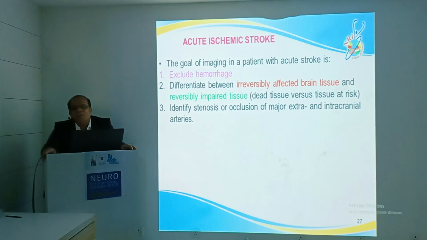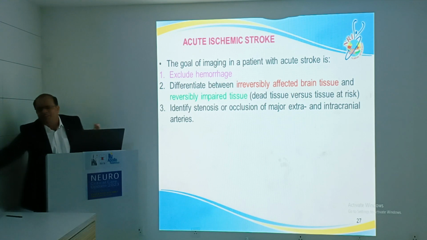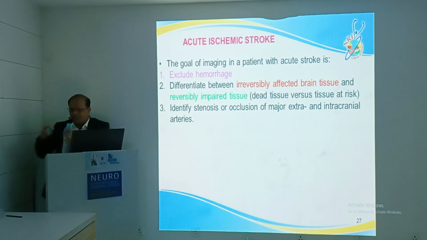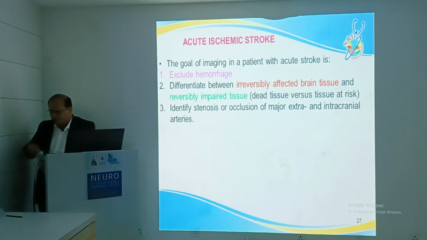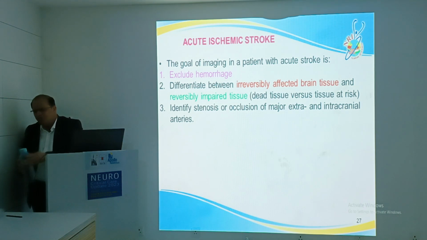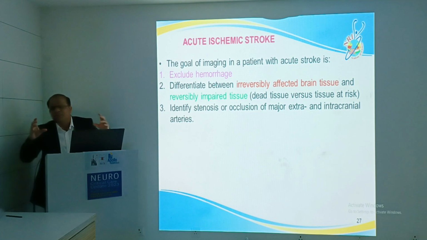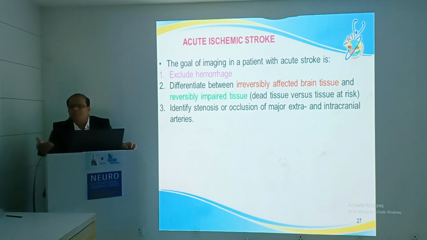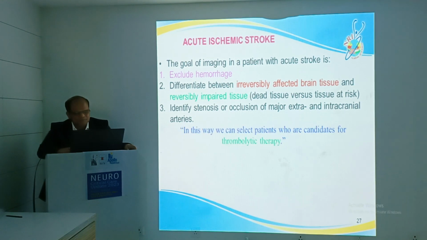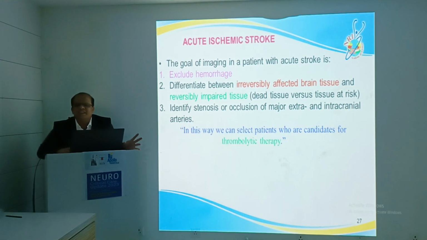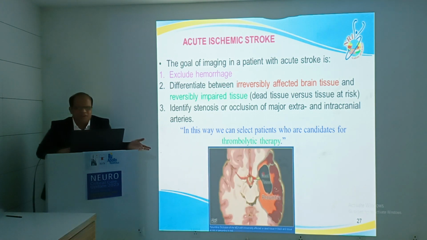The second is to differentiate between irreversibly damaged tissue, the dead tissue, as well as reversibly damaged tissue, which can be improved by maintaining the perfusion. The other one is to identify the stenosis or occlusion of the major extracranial and intracranial arteries. In this way, we are selecting the candidates for thrombolytic therapy or thrombectomy.